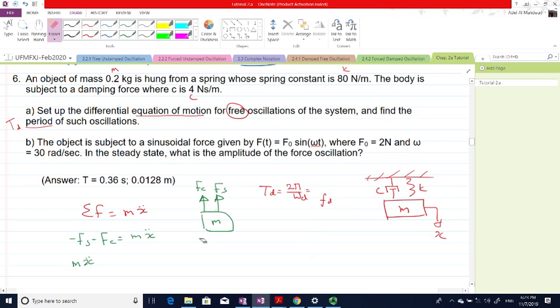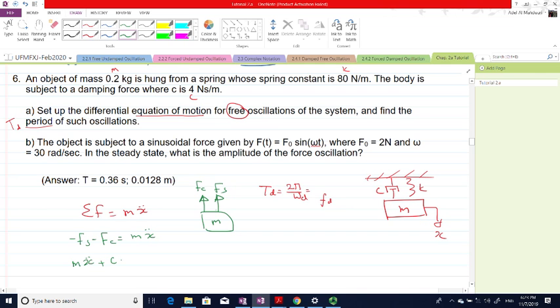Then let's make this formula. We move the other side in here. Fc becomes plus, since if it's negative it becomes positive.